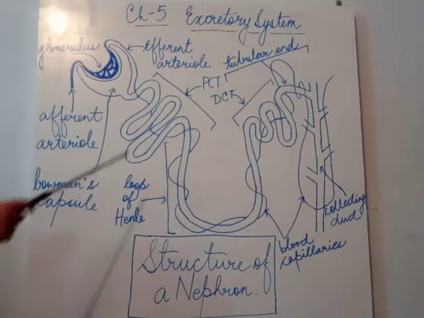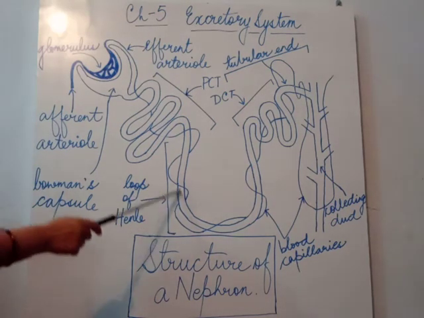Number two is the PCT, the proximal convoluted tubule. It is primarily involved in reabsorption of salts, water and nutrients. It is also important in regulating the pH value of blood.